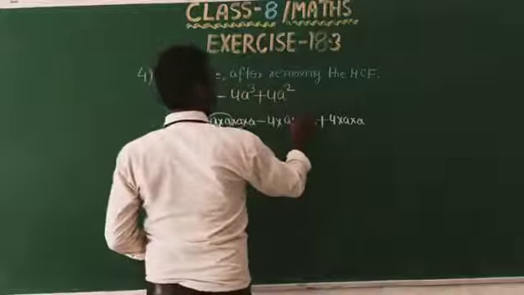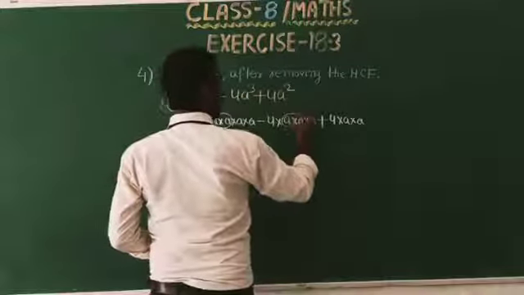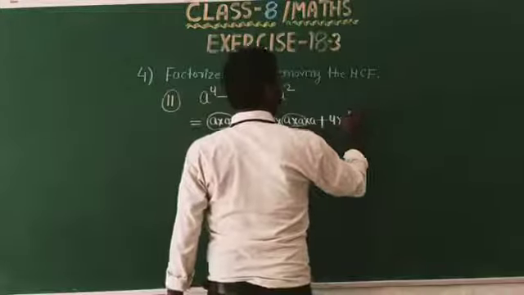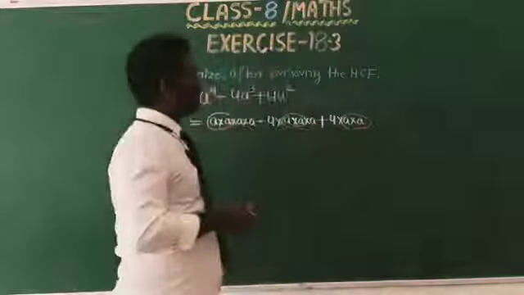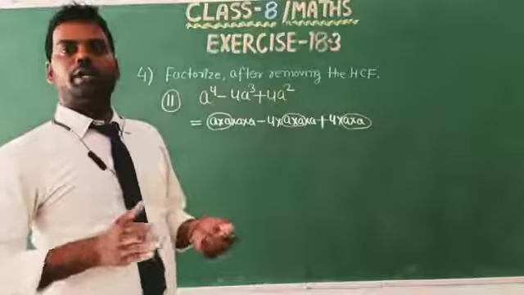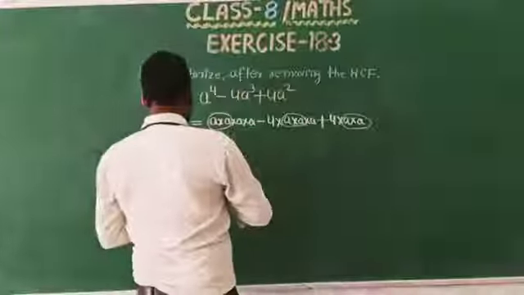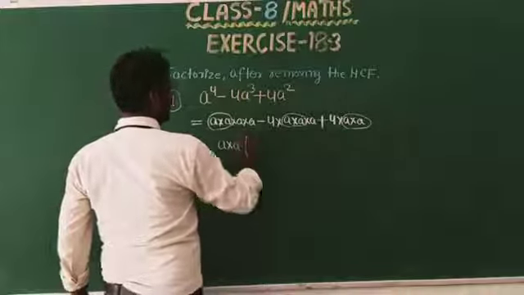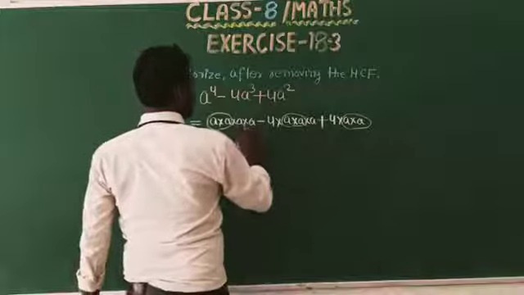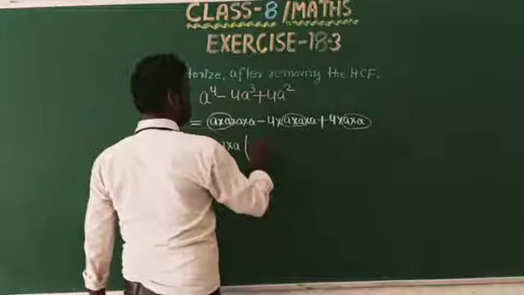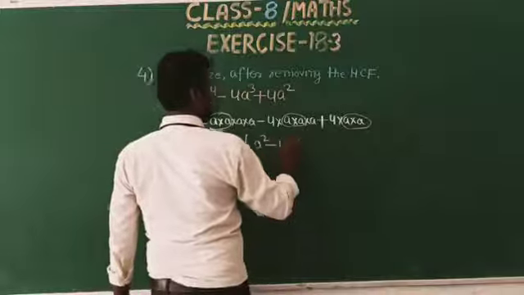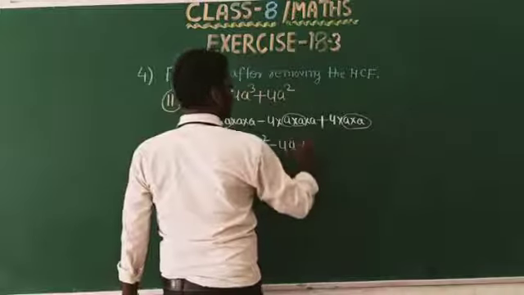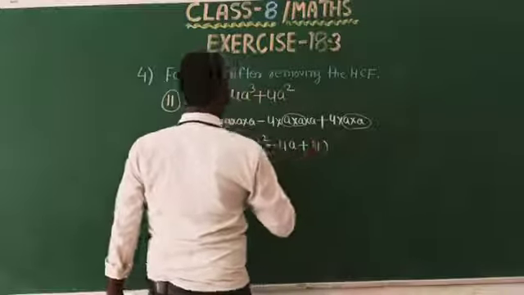So here in all terms we have the product of a into a as a common factor. Taking a into a as common, the above expression becomes a square in bracket, a square minus 4 into a plus 4.